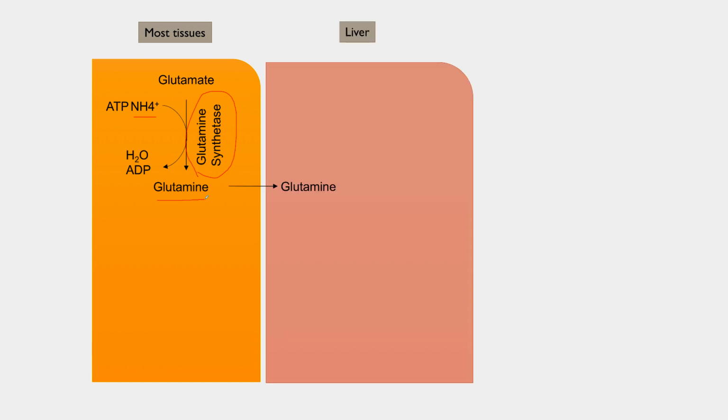From here, our glutamine can go to the liver. And within the liver, glutamine will undergo a reaction with our enzyme glutaminase. And this will free an ammonium that can then enter into the urea cycle. This leaves us with the compound glutamate.